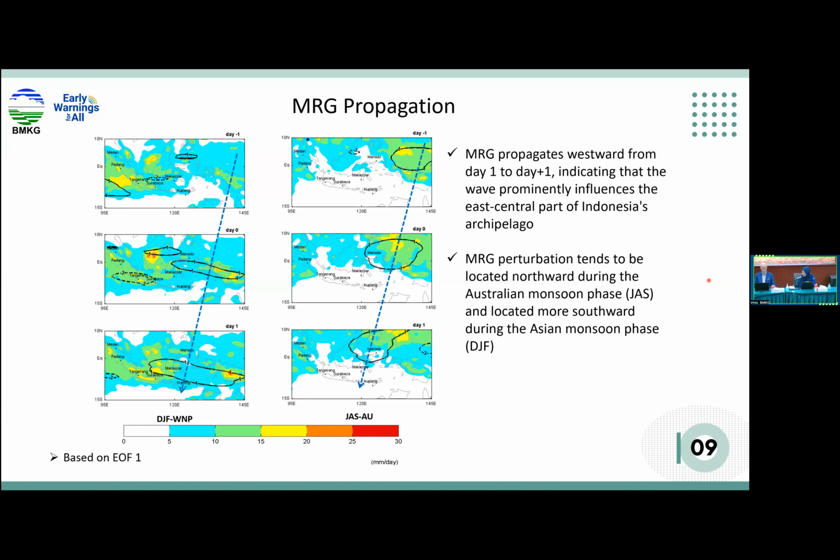In the CICS there is still no feature showing the mixed Rossby-Gravity wave, because in operations we usually use NCIS, so sometimes we ignore it. But maybe later Mas Rezza will explain how the mixed Rossby-Gravity wave also influences Indonesia, but compared with other waves like the Kelvin and equatorial Rossby waves, it gives a lesser influence. Yeah, I agree. Thank you very much. Welcome.